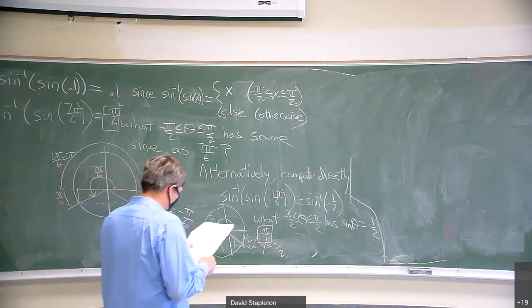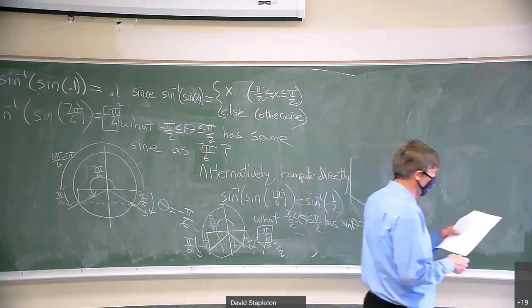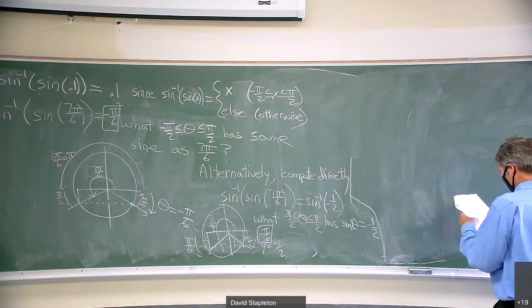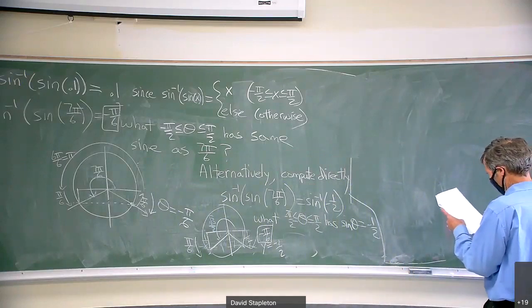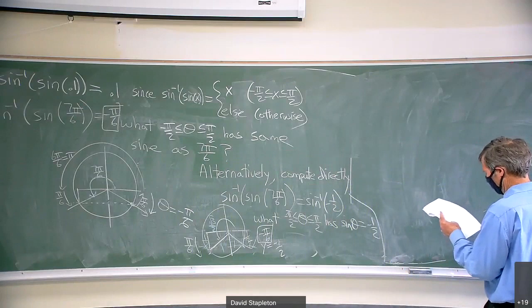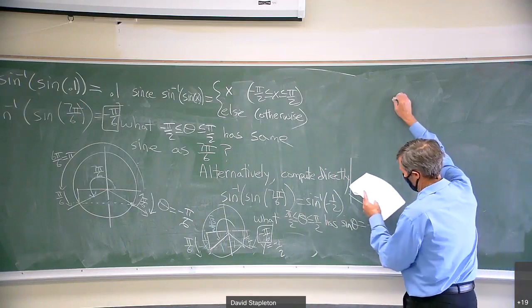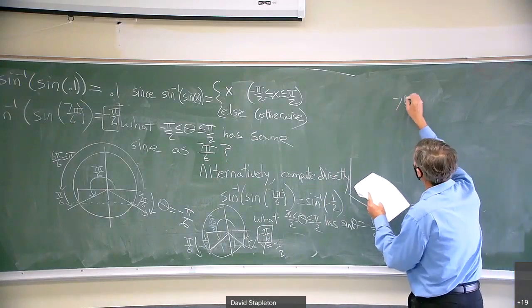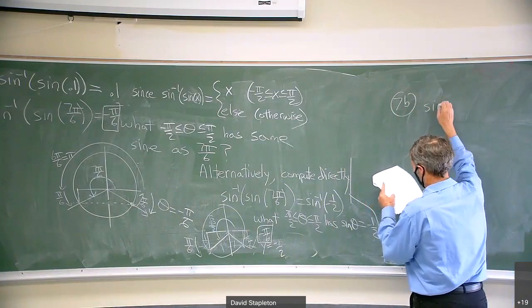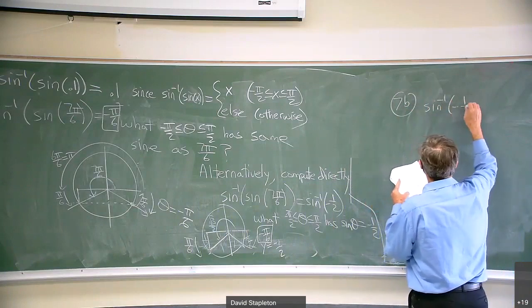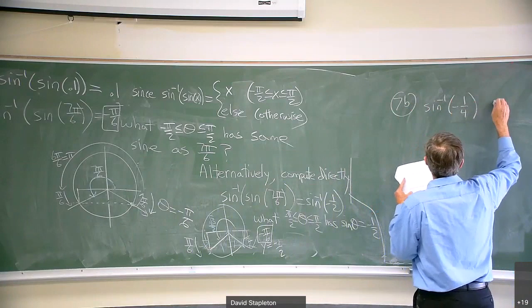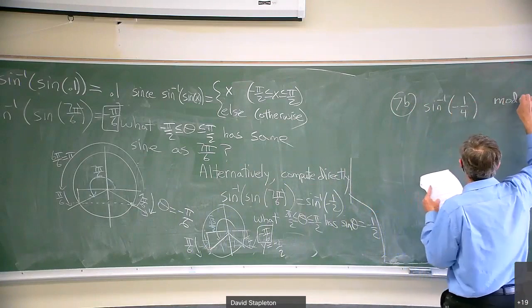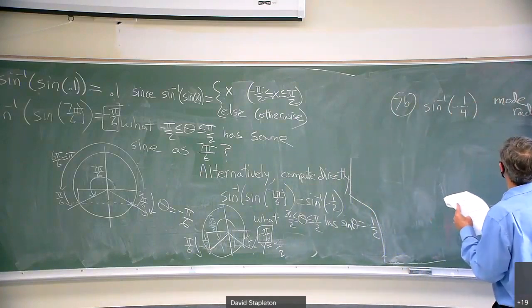That's a lot of interesting things I can ask, actually. I asked you to do calculator things, like on 7b, what is the arc sine of -1/4? Put your mode in radians, if I ask for radians.